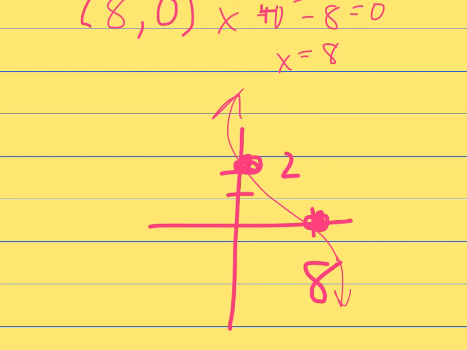Does this have symmetry to any of the axes? No. I would like you to show me algebraically at least one of them. You don't have to do all 3. How do I know for sure that it's not symmetric to the origin? How do we know something is symmetric?